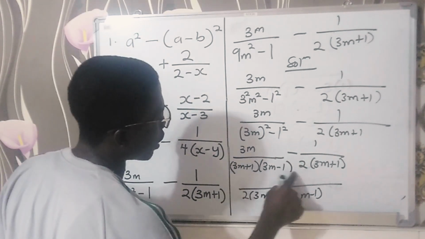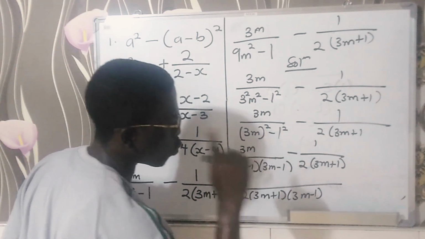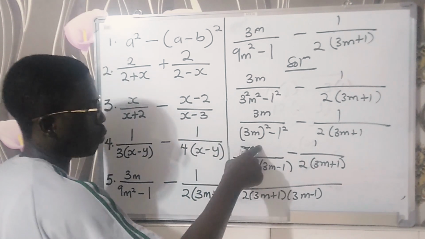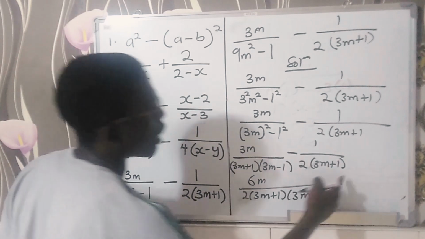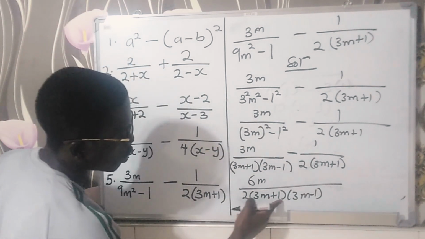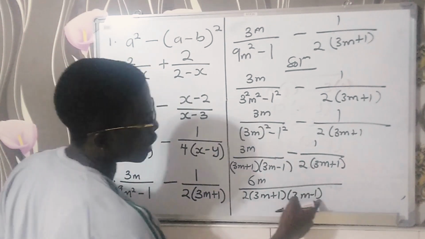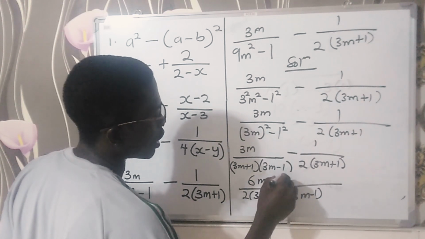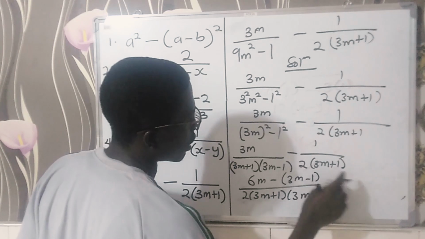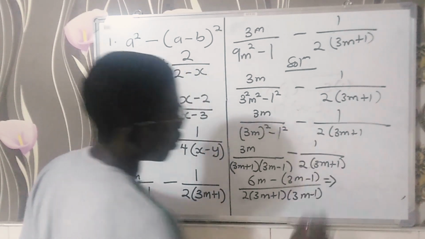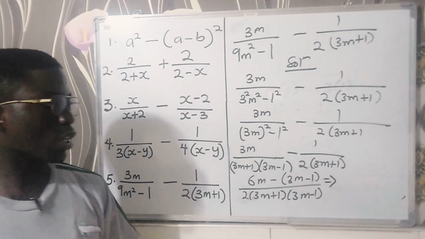So the whole of this goes into the whole of this 1. Then this 2 multiplies the numerator, which will be 6m. And the whole of this 1 too goes into the whole of this 1, and this has to multiply the 1, which will be minus into bracket 3m minus 1, bracket close. Good. So we expand the numerator.